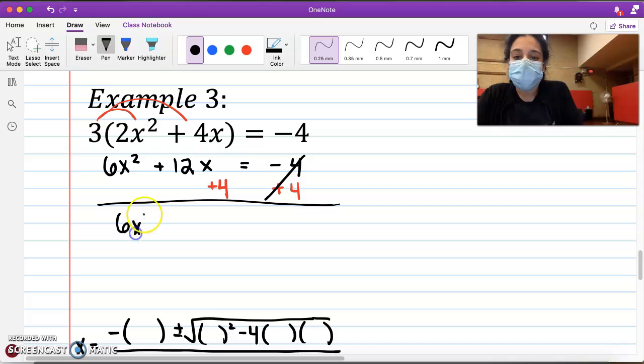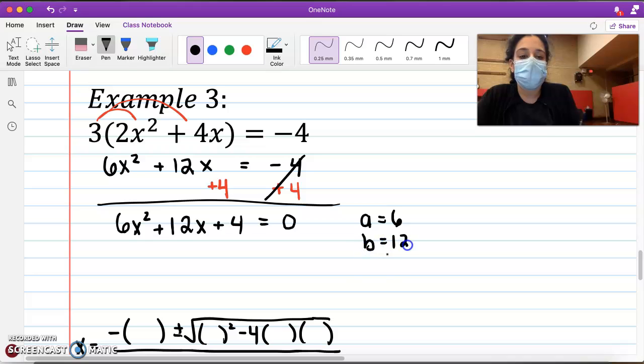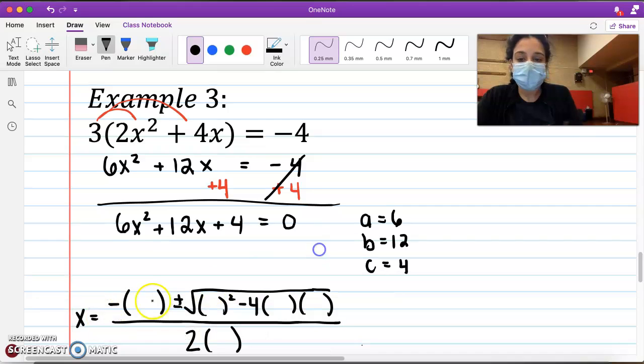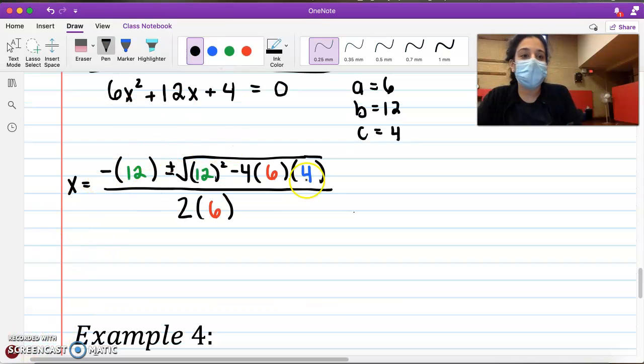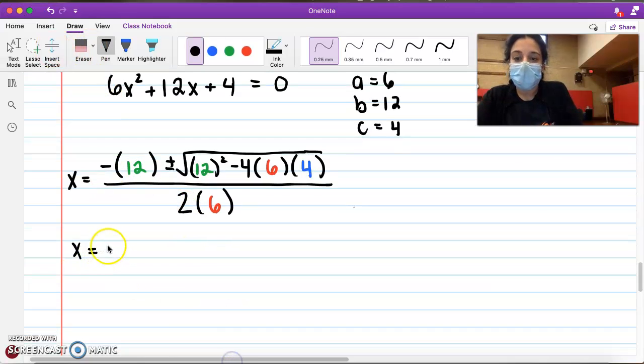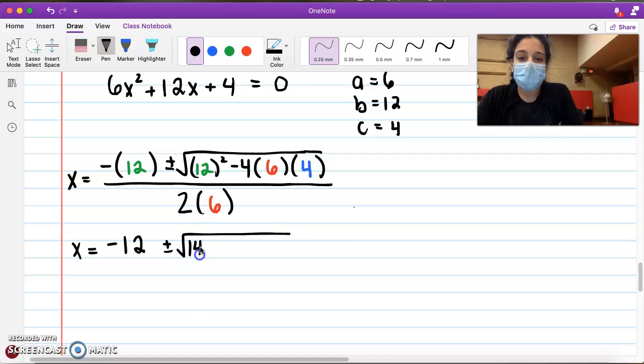So we have 6x squared plus 12x plus 4 is equal to what? Equal to 0. Now it's in standard form. I have a is equal to 6, b is equal to 12, c is equal to 4. Nothing has changed in the process so far. Okay, so I filled in all of the numbers a, b, and c, and we get x is equal to -12 plus or minus the square root of what? 12 squared is 144.